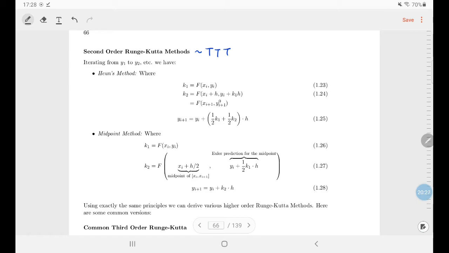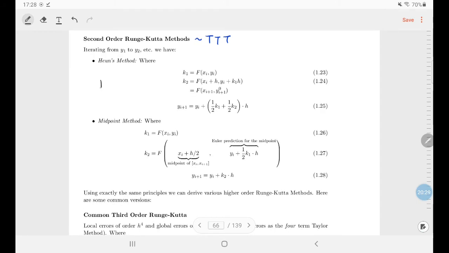So Heun's method will use x0 and x1, and it'll average the two slopes. Remember, these are slopes: the slope at the starting point and the next point. Now remember, we do have y dependence.